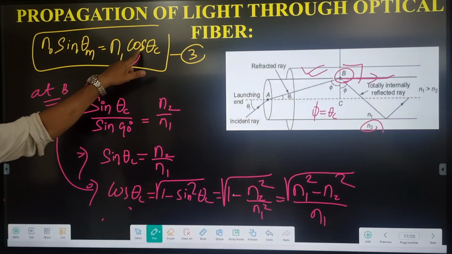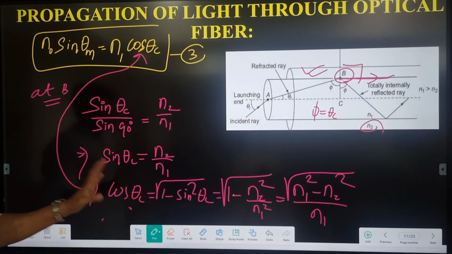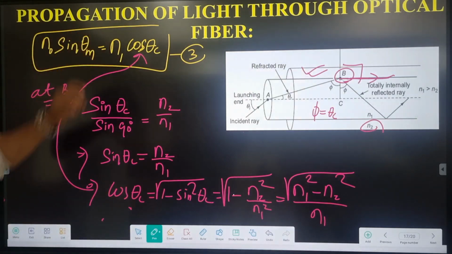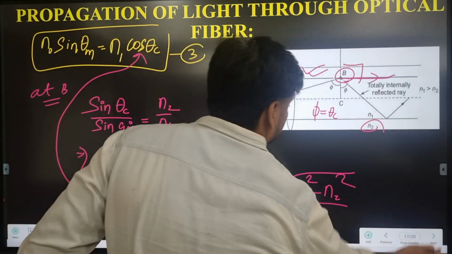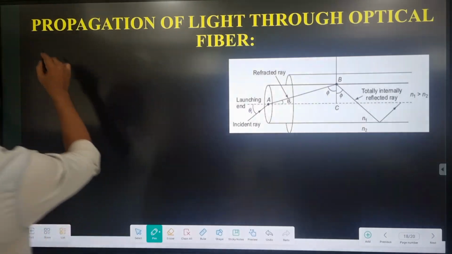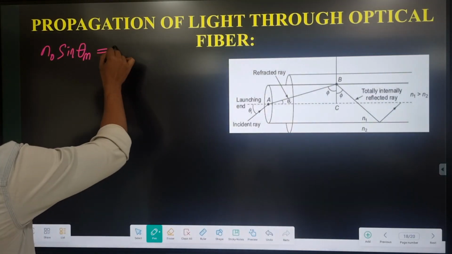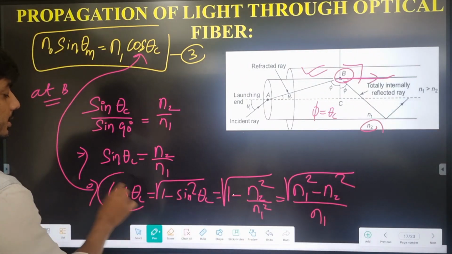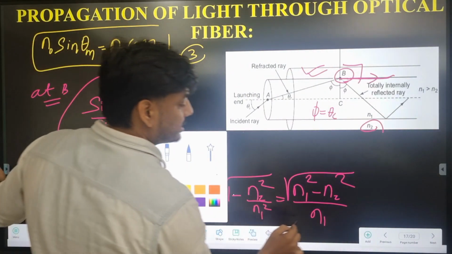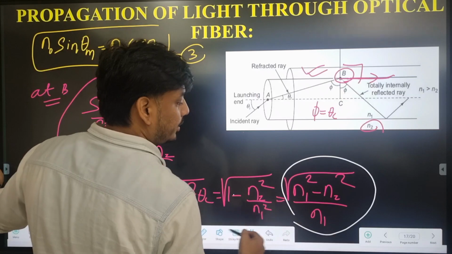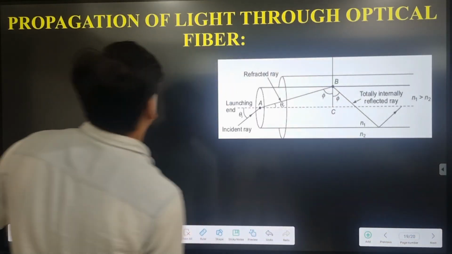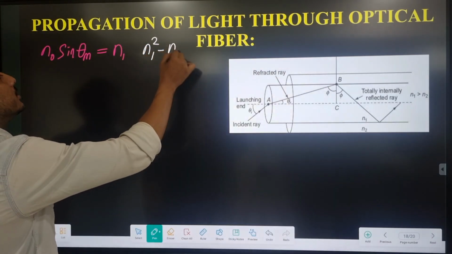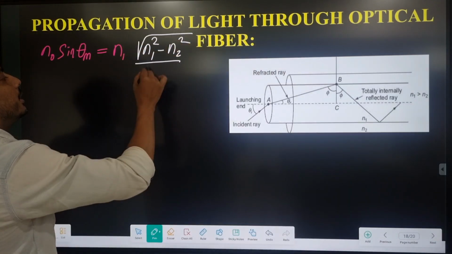Now we just have to use the value of cos theta c here. So cos theta c equals the square root of n1 square minus n2 square, divided by n1. We have to use that in equation 3. So in equation 3, if we use that, we get n0 sin theta m equals n1, and in place of cos theta c we write the square root of n1 square minus n2 square, divided by n1.